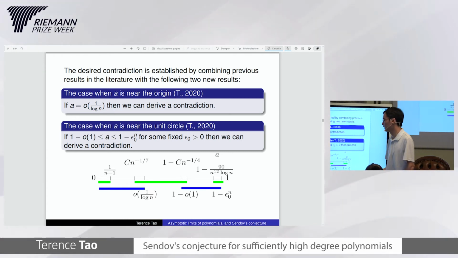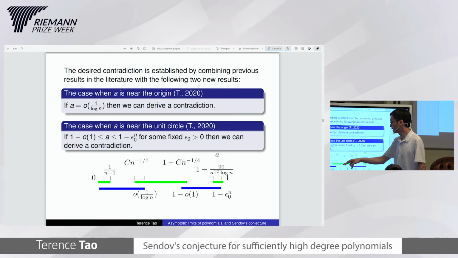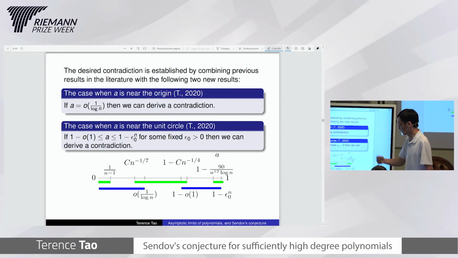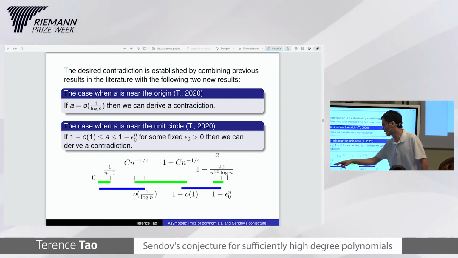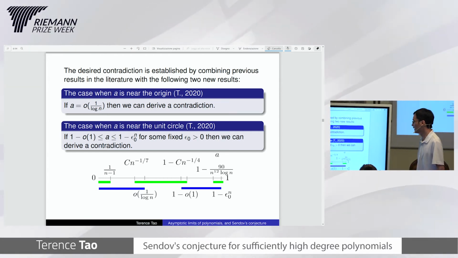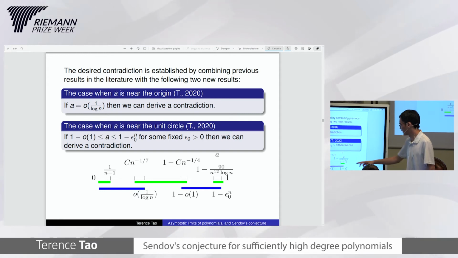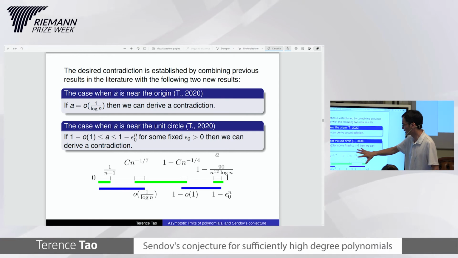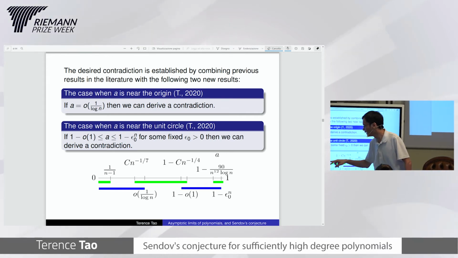One is that if a goes to 0 fast enough, faster than 1 over log n, then you can get a contradiction, so I basically resolved the conjecture in this regime. And there's an opposite regime: if a is close enough to 1, you can also cover this gap. But I'll skip that part and just talk about this result here.